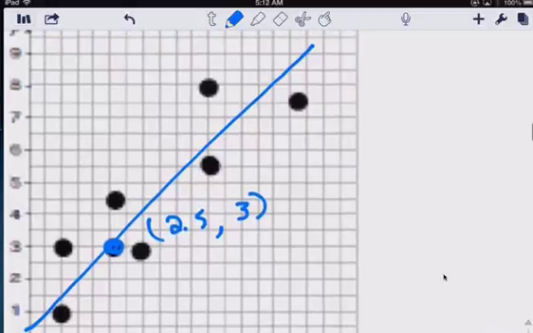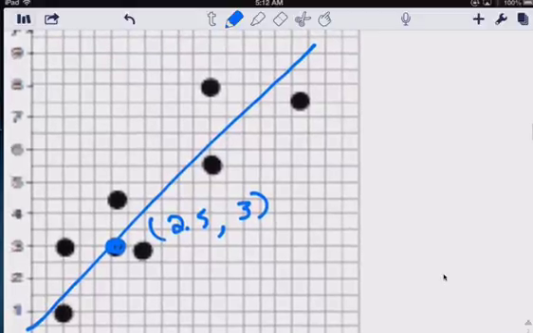And another one is, choose that one, 8.5 and 9.